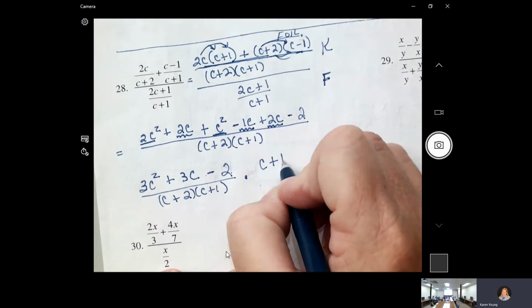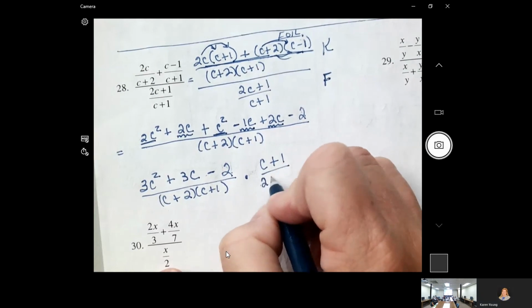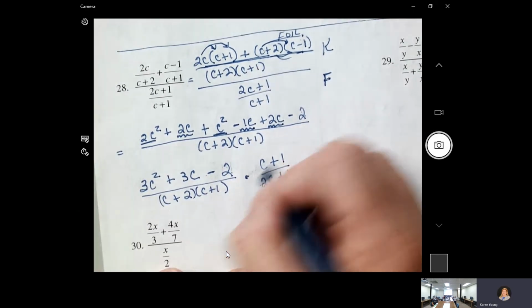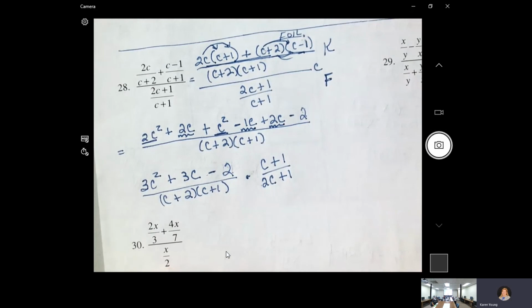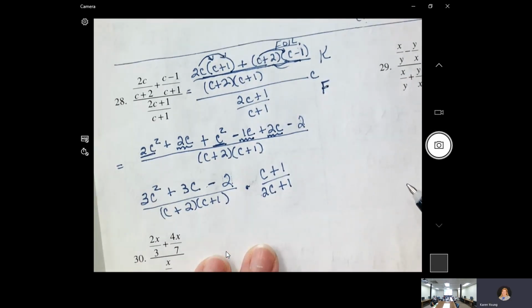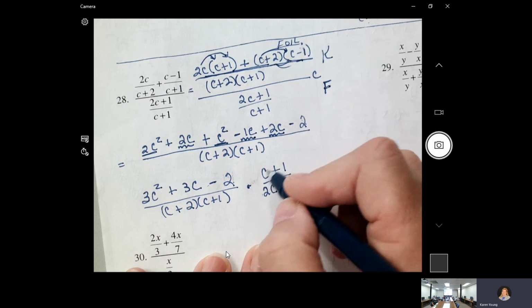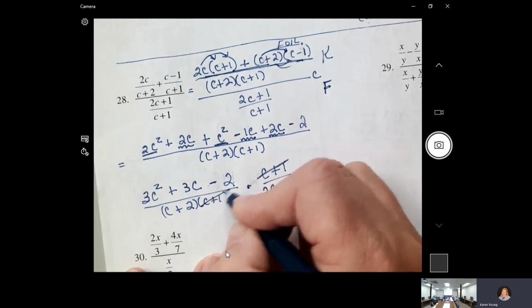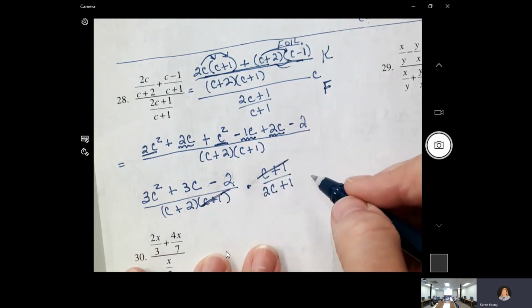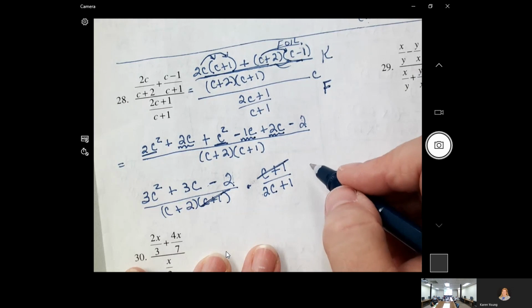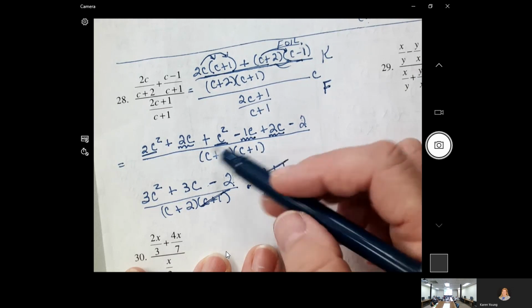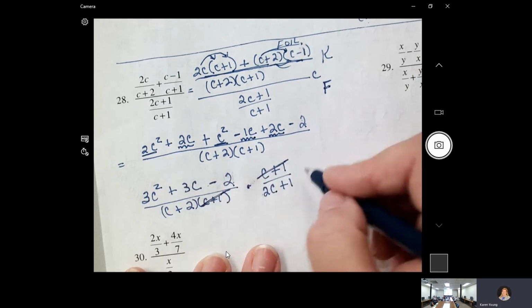So I'm flipping the bottom fraction right here, and then I changed my division to multiplication. Now, I have a c plus 1 on top, right? c plus 1 on bottom. You just put that all across.